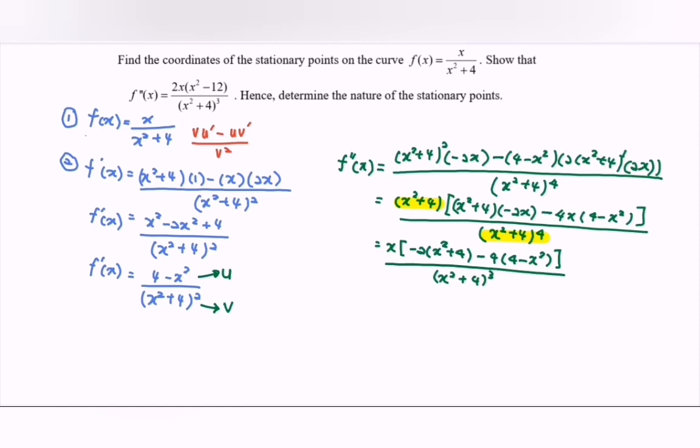So kindly factor out the 2. So here we have 2x bracket, we have negative x squared, negative 4, and then we have negative 2 multiply with 4, negative 8. Negative 2 multiply with the negative x squared, over (x squared plus 4) power of 3.